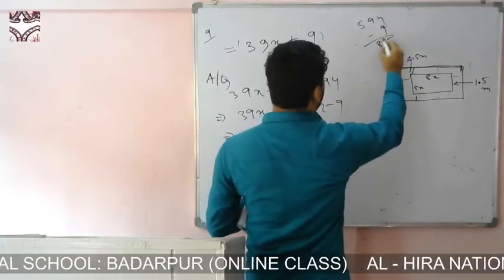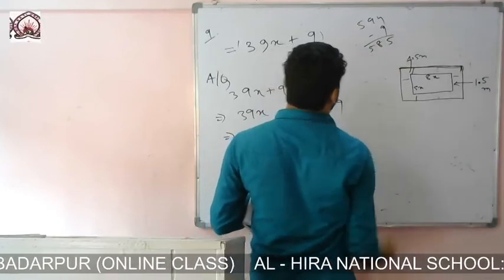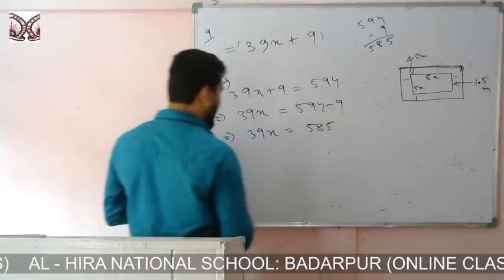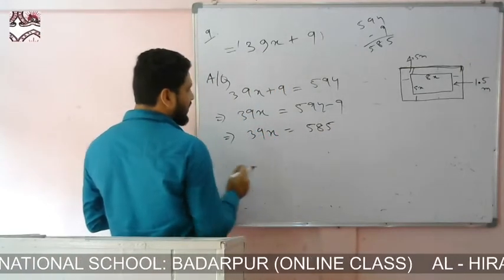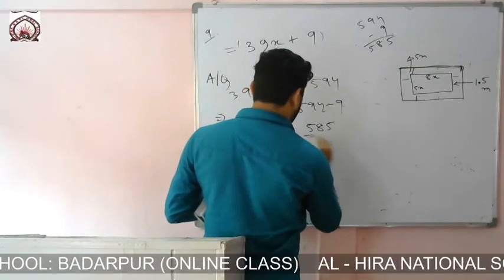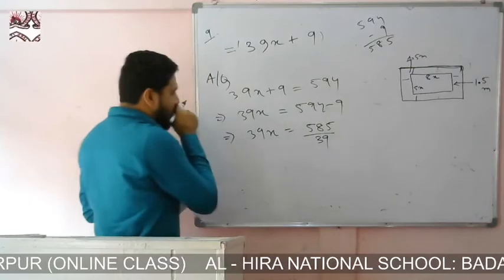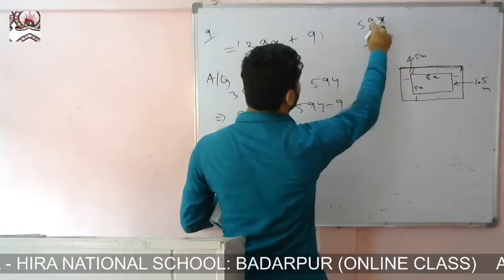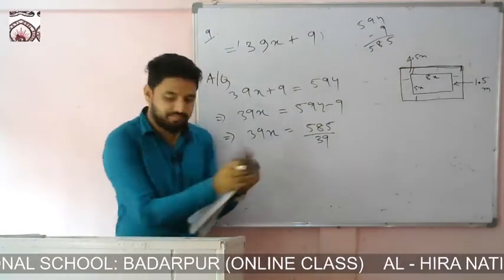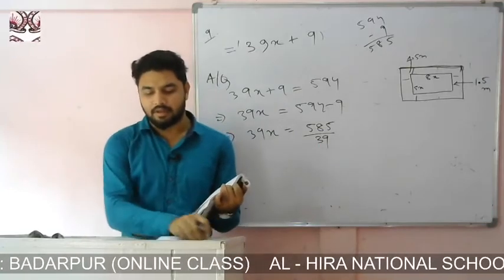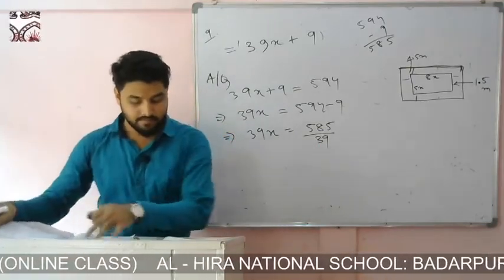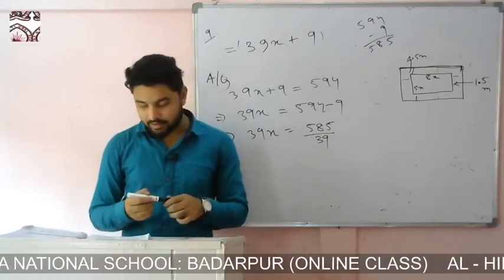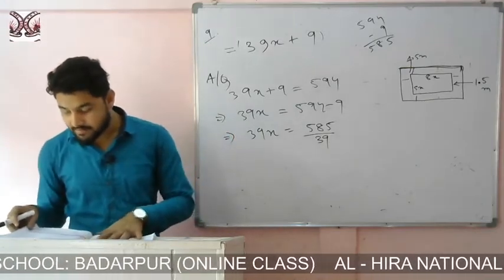14 minus 9 is 5, here remains 8, here remains 5, so 585. 585 divided by 39. Now if you cancel, or if you divide, then you'll get the answer.